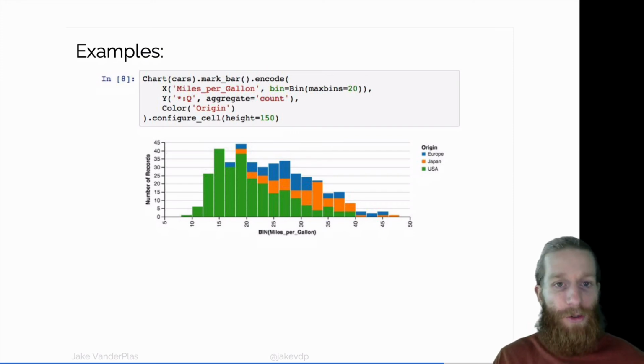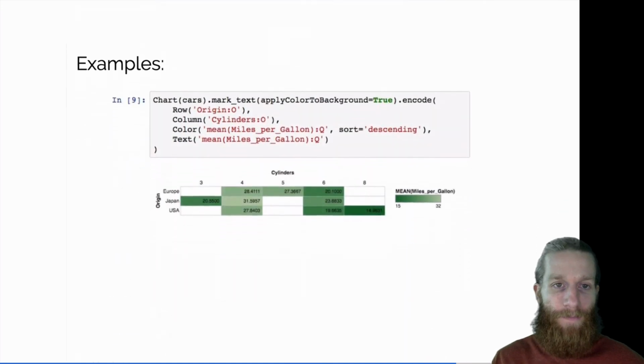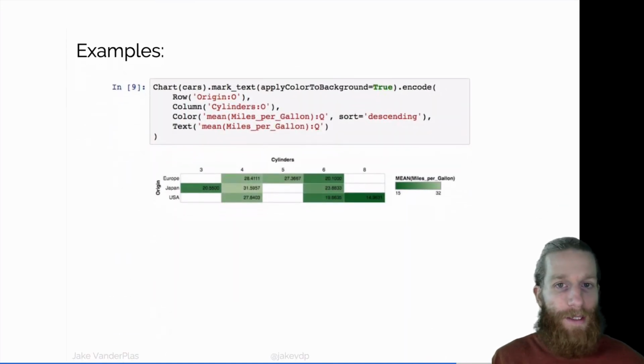So you can do these transformations, aggregations, and bin within Altair directly. You could also do them in pandas beforehand, but here there's no need. You can actually do those aggregations on the fly in Altair and then in Vega Lite. Here's another one. This is a mark text where we're coloring the background. So really, we're building out a table. We can do row, column, color, and actually say what the text is.